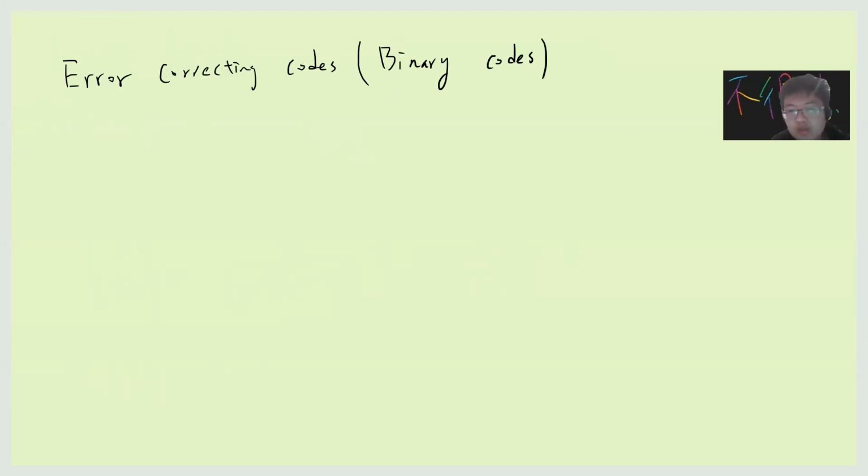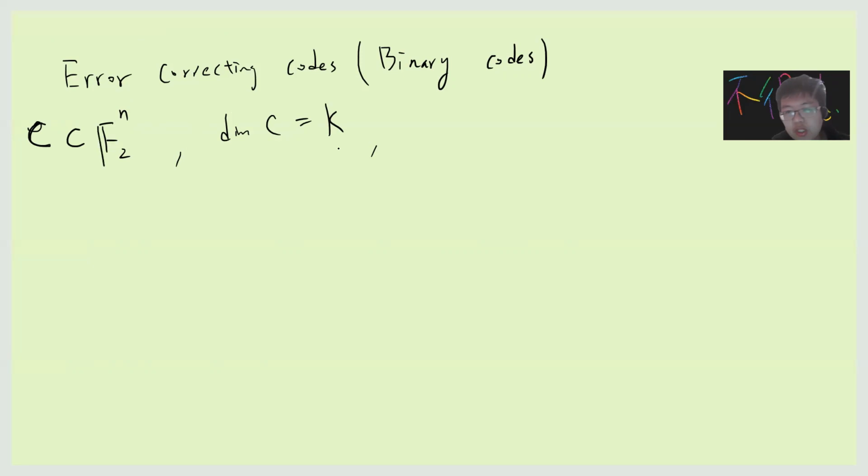The idea is that this is also a definition. You consider F2 to the n, and then you consider C a subspace of F2 to the n, with dimension of C equal to k. So you take a k-dimensional subspace in the n-dimensional F2 to the n.